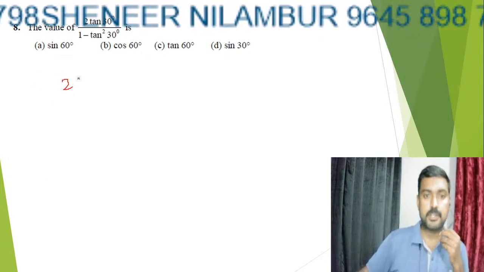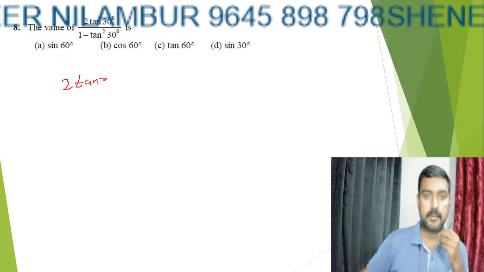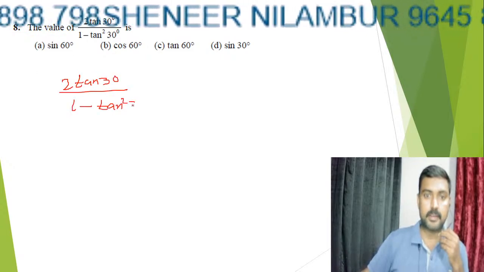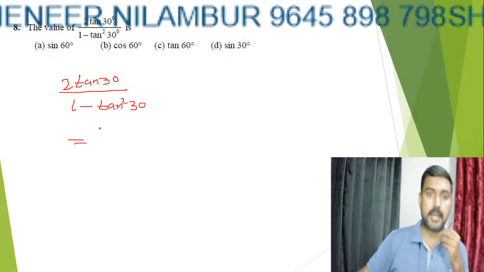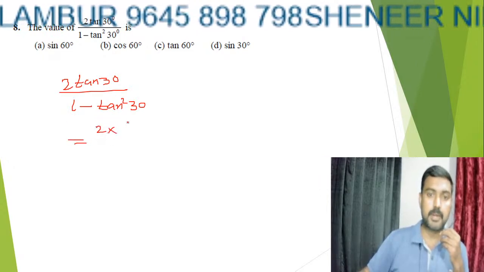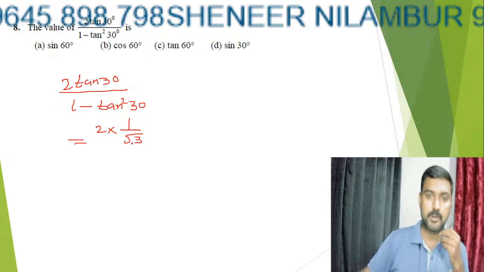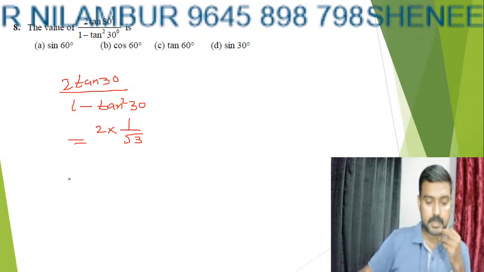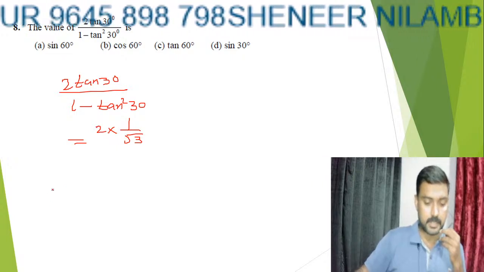Now next question, 2 tan 30 divided by 1 minus tan square 30. Here tan 30 is equal to 1 by root 3. If you get the answer, Rajana Haidar, will you mention your original name?